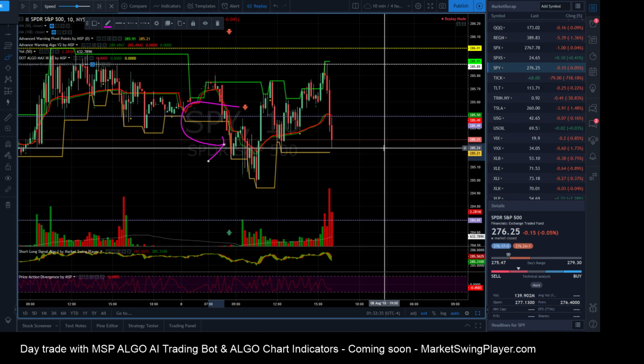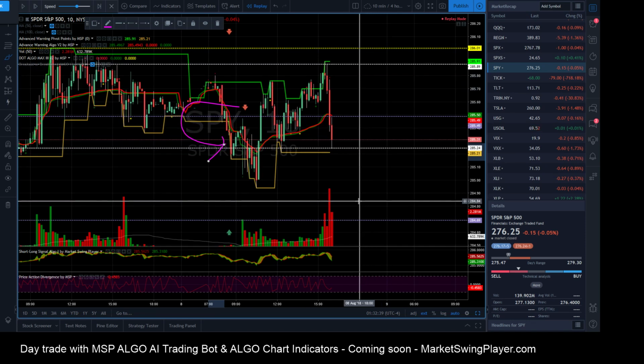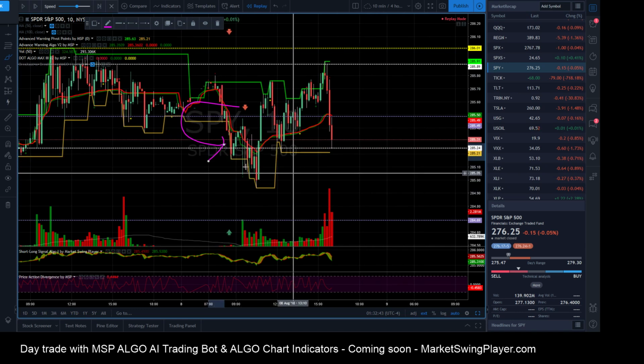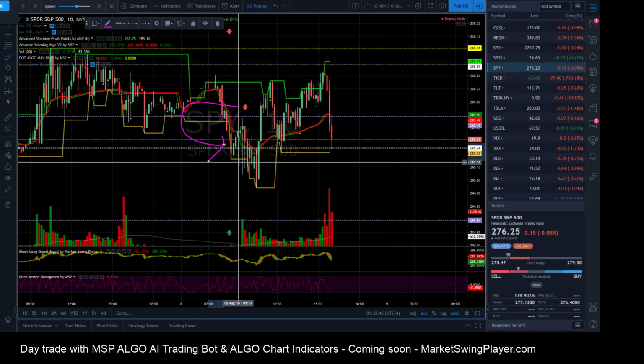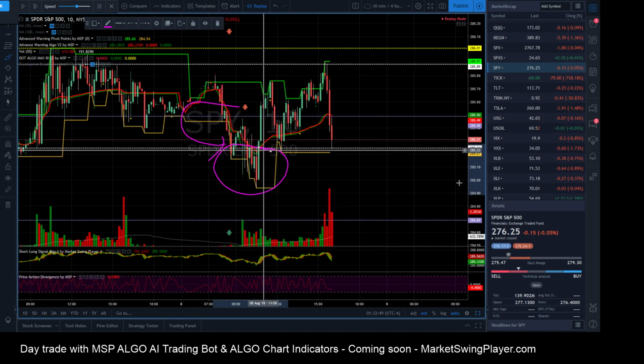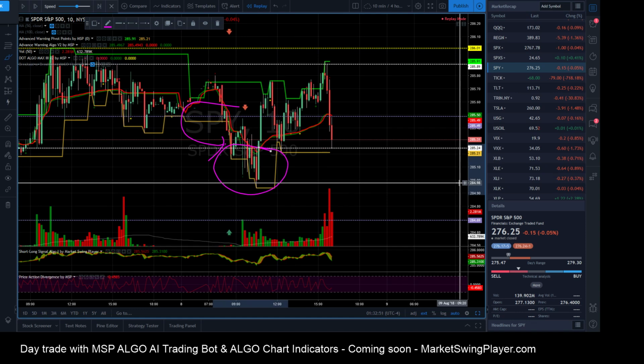This is our support resistance, or the average buy sell before the open, right? So that's 285.24. Normally you want to see if you could go long below it, or if it is going to continue.